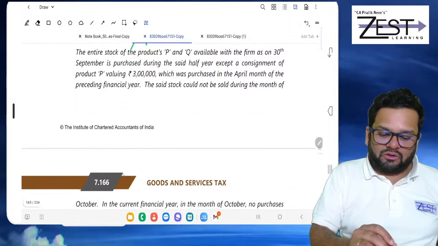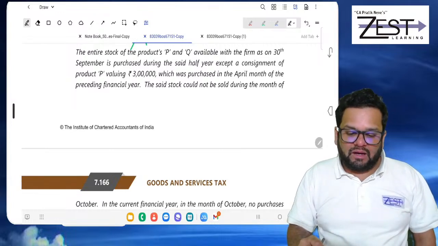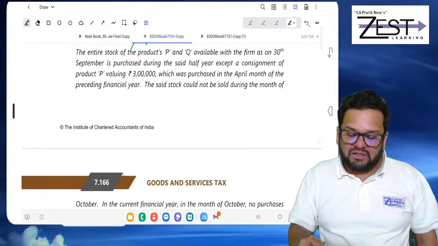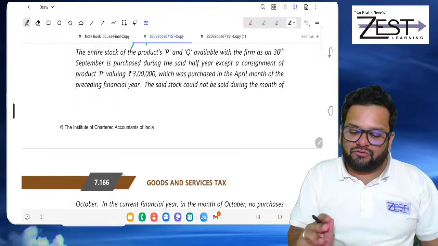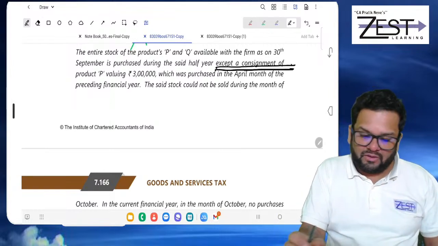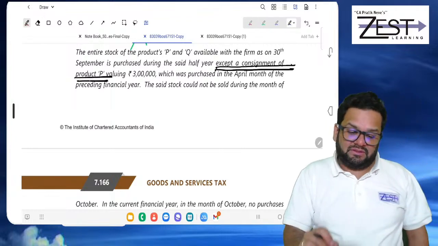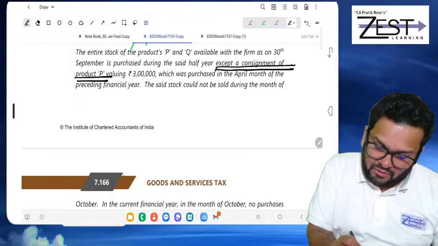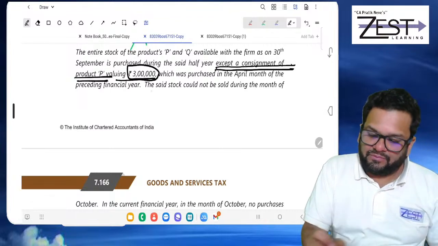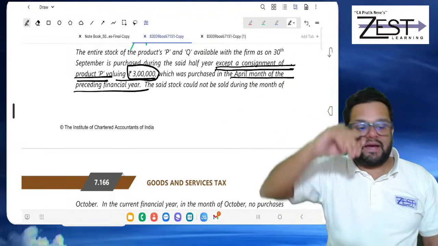The entire stock of products P and Q available with the firm as on 30th September was purchased during the said half year, except a consignment of product P. Product P means taxable, valuing 3 lakhs, which was purchased in April of the preceding FY.